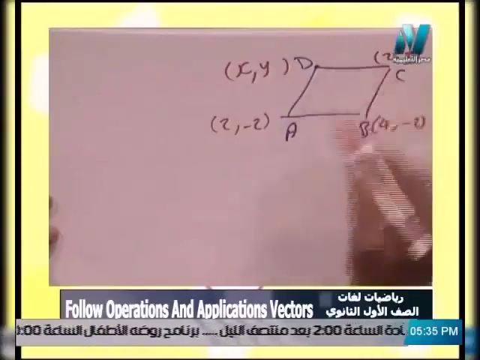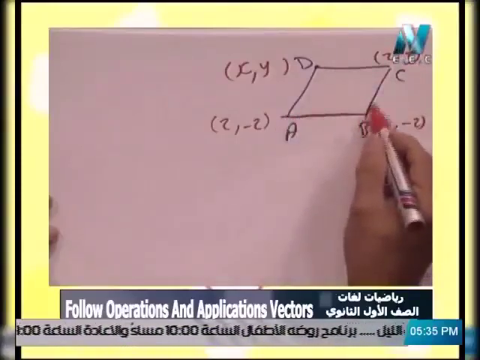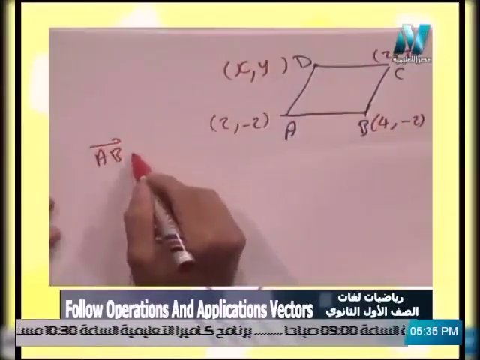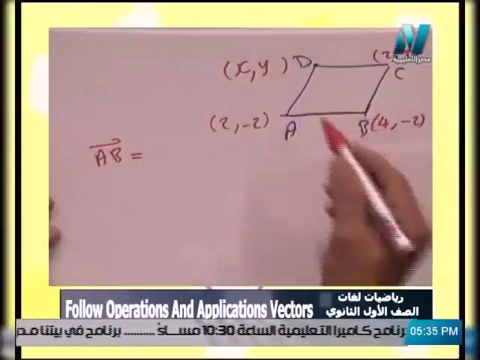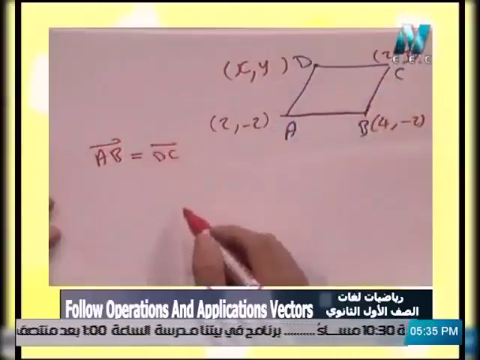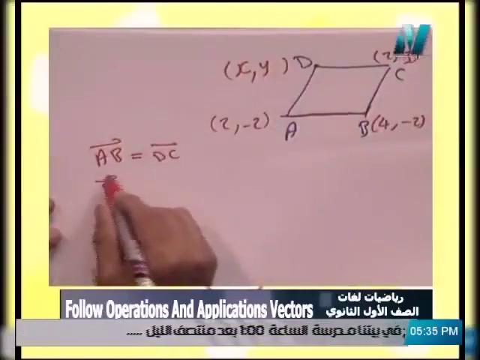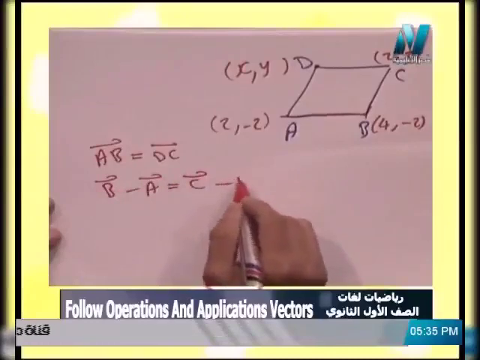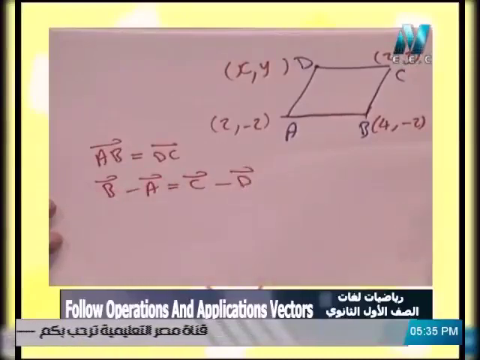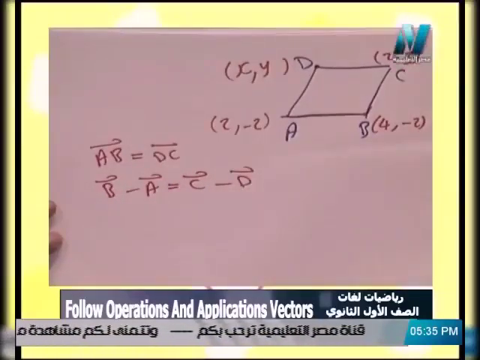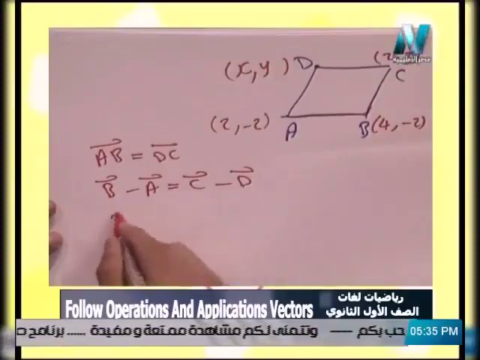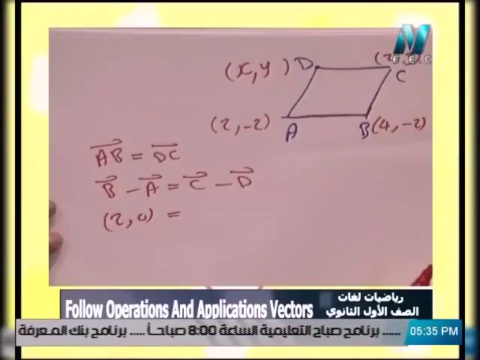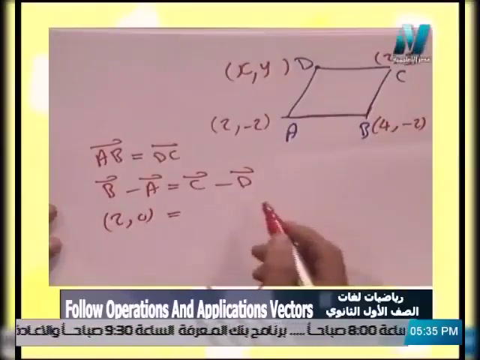This is a parallelogram, so of course the vector AB equals the vector DC, and of course the vector B minus A equals the vector C minus D. The vector B minus A equals (2, 0), and the vector C minus D equals (2, 0).